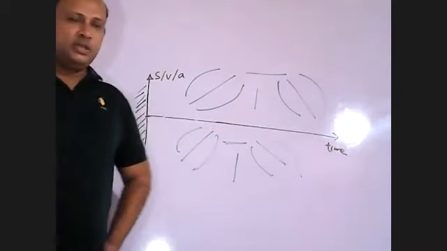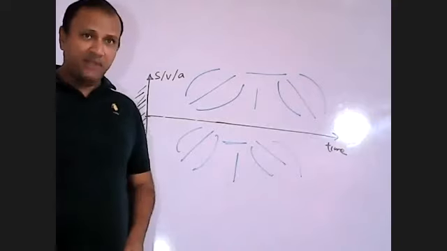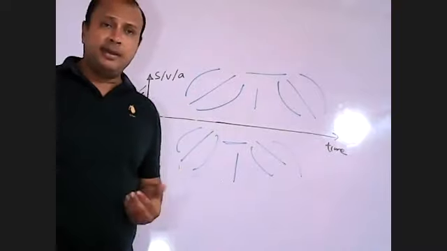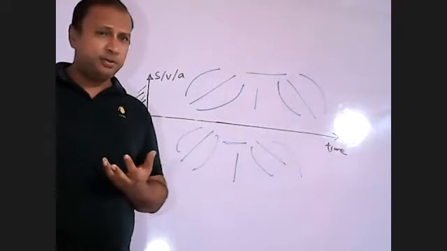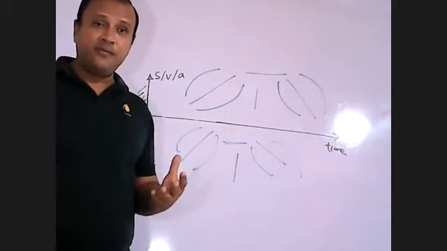Okay. So today we have learned about graphs, especially motion graphs. According to our simple definition, a graph is a drawing which is drawn on the Cartesian plane.